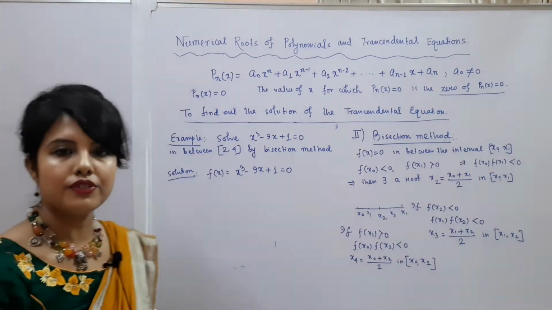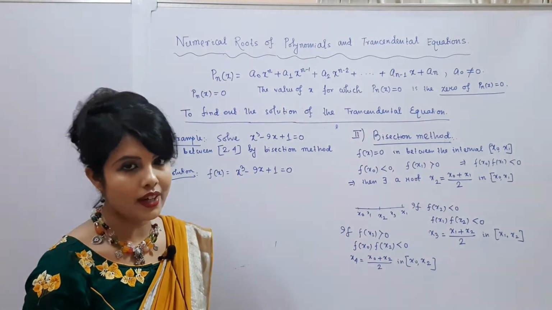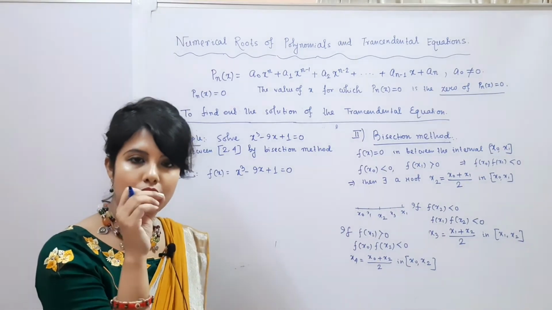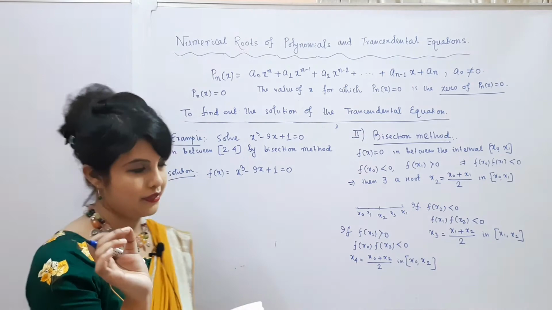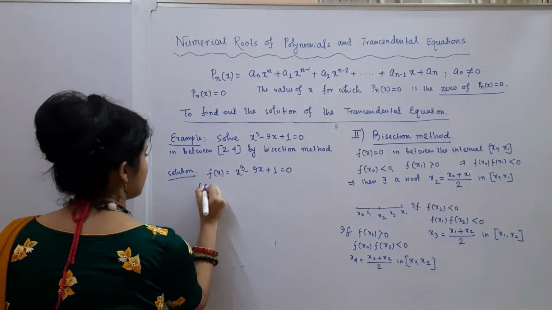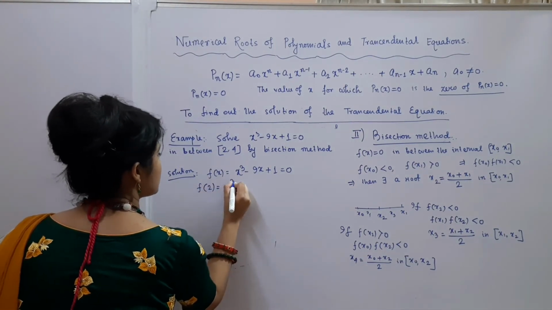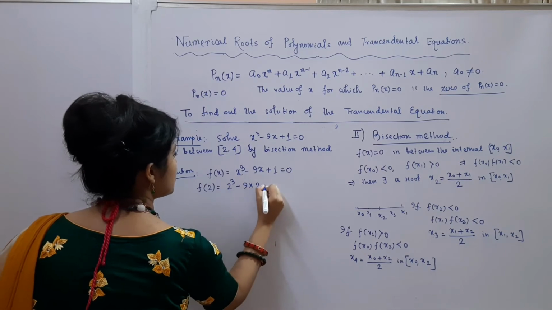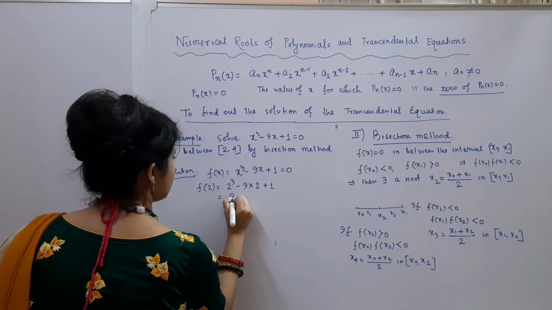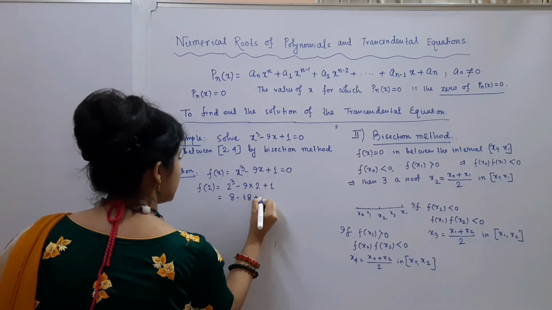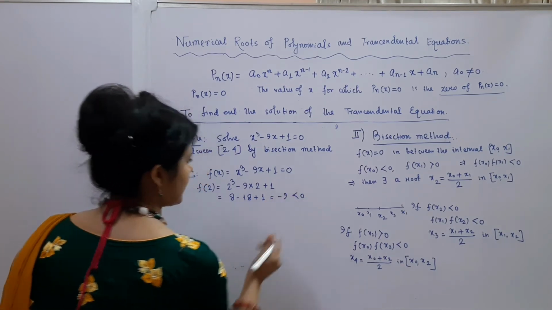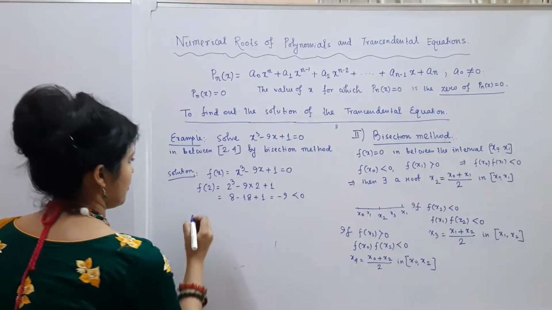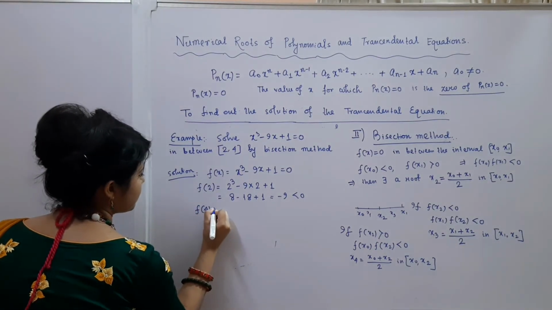Then you have to first calculate f of 2 and f of 4, the value of the function f of x at the corner of the interval. So what is f of 2? So this is 2 cube minus 9 into 2 plus 1. So therefore this is 8 minus 18 plus 1, and this is obviously minus 9, and it is obviously less than 0.